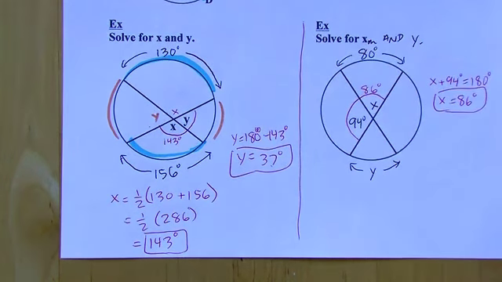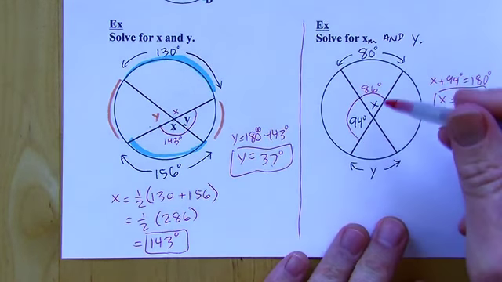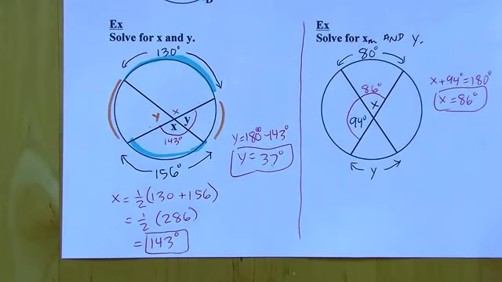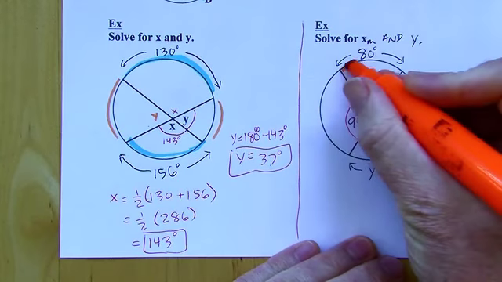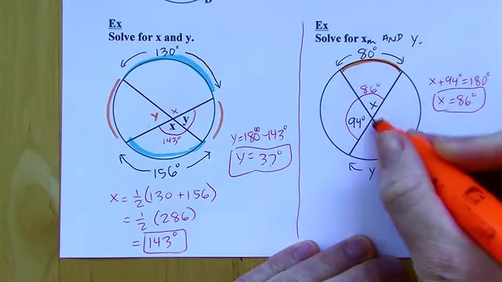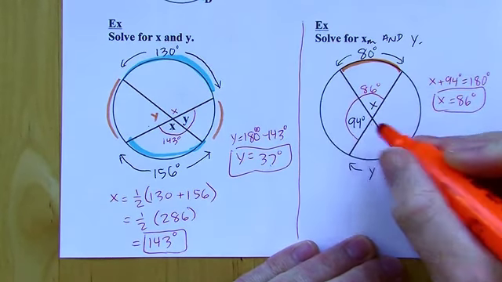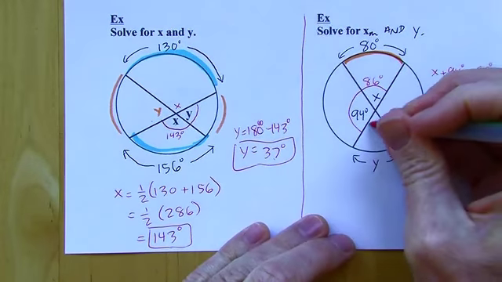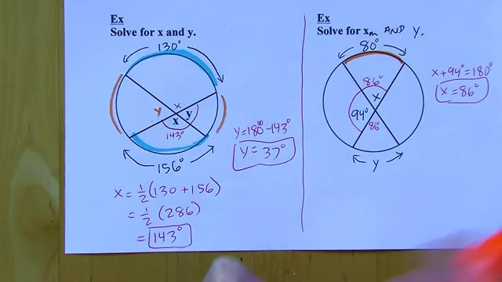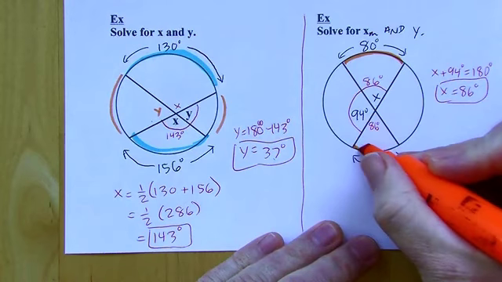arc that it intercepts. Okay, so in this scenario, now I've got the 86. So I can say, well, the 86 is going to intercept this arc. And then if you go to the reverse side, I know this would be 86 down here as well, because those are our vertical angles.